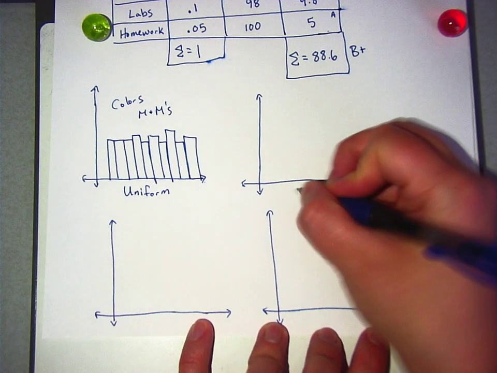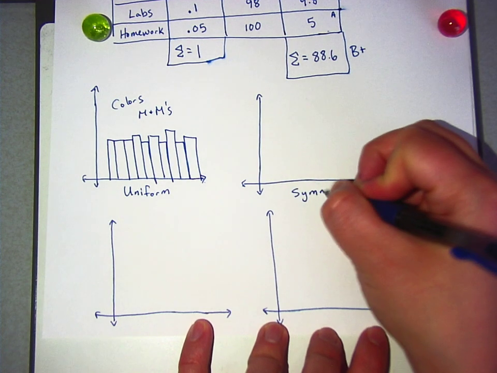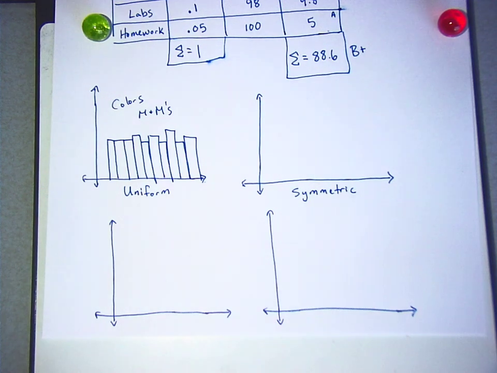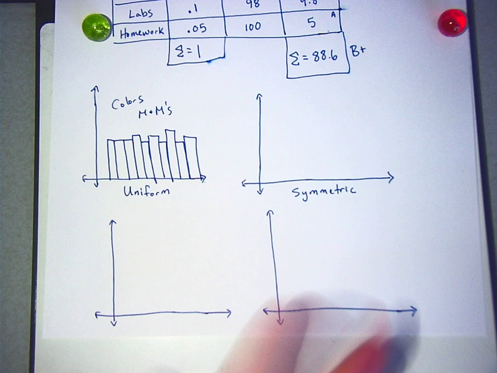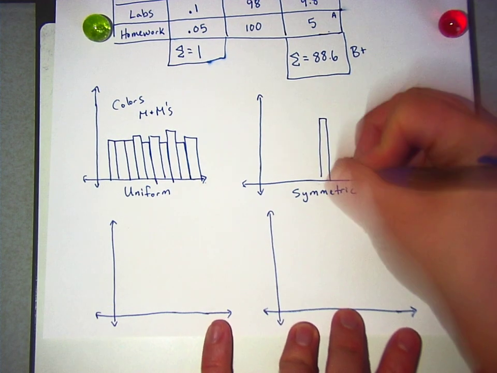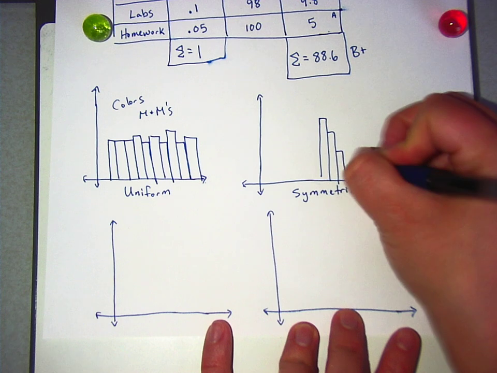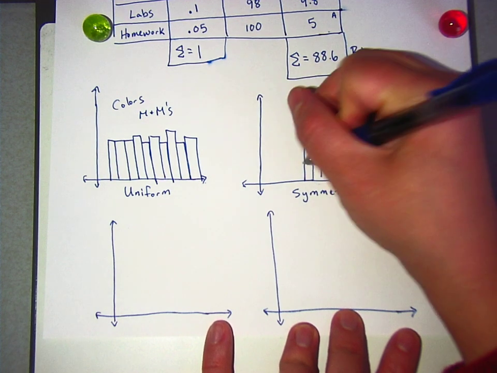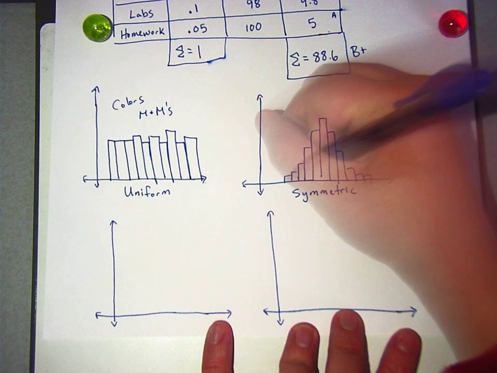Next one is called symmetric. Anybody want to take a guess what that one looks like? 2 pillars. Okay, so what you're thinking of is kind of like a mirror. And that is exactly right, except it doesn't look like 2 pillars. It looks like a bell curve, where the middle is the highest. It doesn't have to be exactly the same on both sides, but pretty darn close.